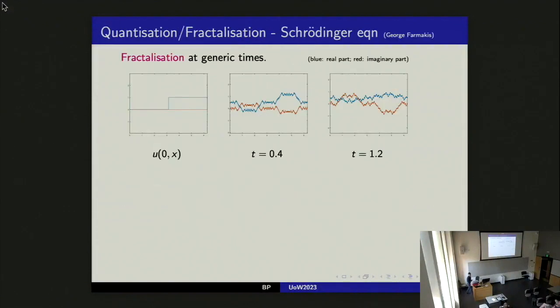Let me show you some pictures, just so that pictures tell the story a lot more clearly. So this is just my step initial condition, 0 and 1. I'm looking at the linear Schrödinger equation, periodic boundary conditions. And if you just take the Fourier series solution of this, which you can write down explicitly because the Fourier coefficients of this particular function are very easy to find.